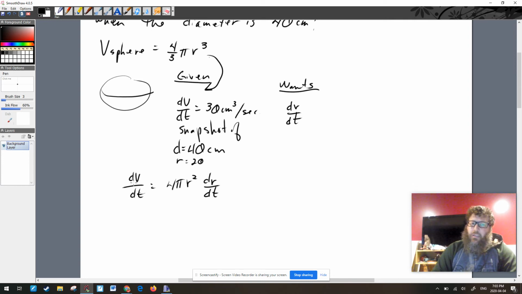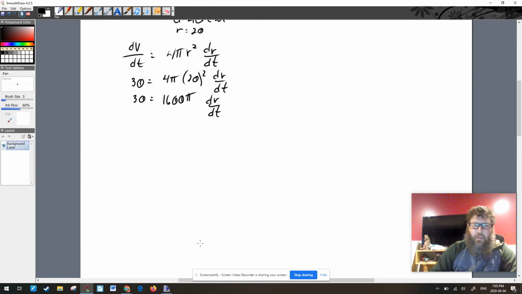So I know dV by dt is 30, so I can substitute that in right away. So that's going to be 30 is equal to 4 pi times 20 squared dr by dt. And so that's going to be 30 is equal to 20 squared is 400 times 4 is 1600. So that's going to be 1600 pi dr by dt. And then I'm going to solve.